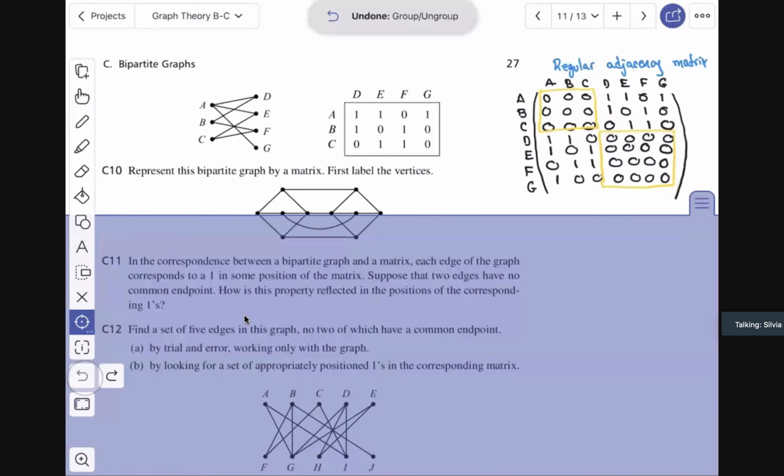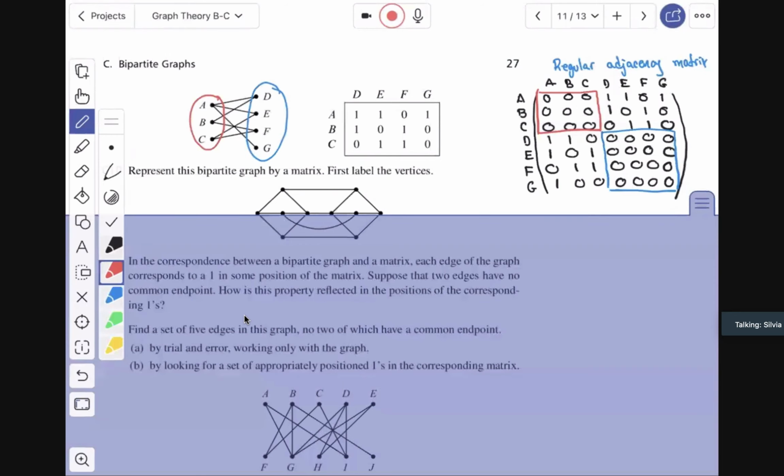I've been using red and blue for my two parts, so this one is like the blue part, and that's why all of them are zeros, because nothing is joined to anything. And this is like my red part. The remaining two parts are the back and forth of the edges.